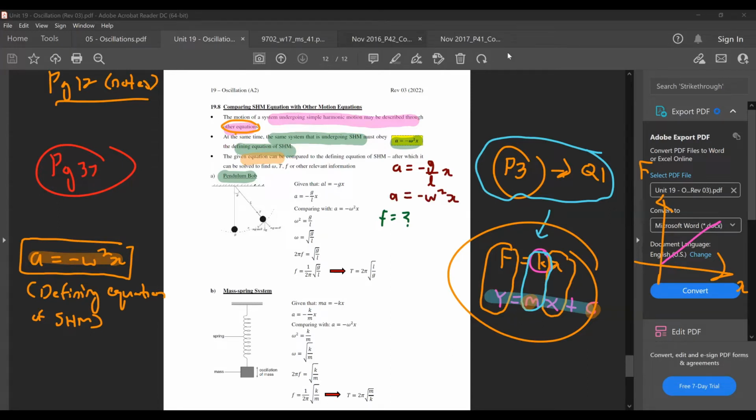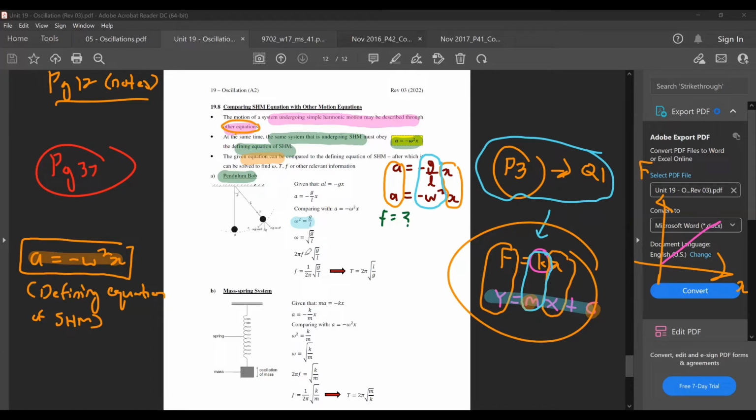You can see that these are already matching each other, but your negative omega squared is actually equal to negative g over L. That's why I can say that omega squared is equal to g over L.